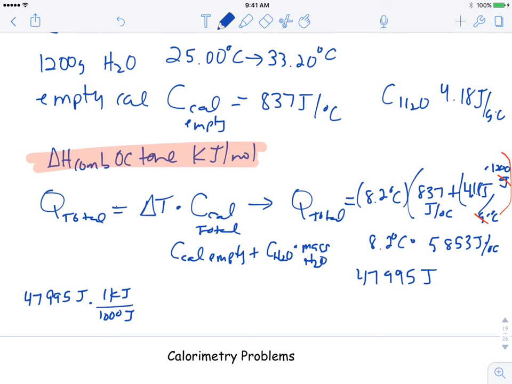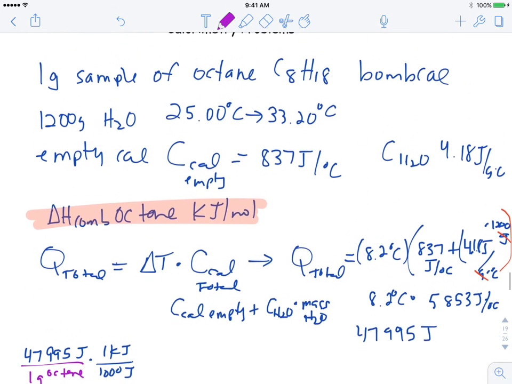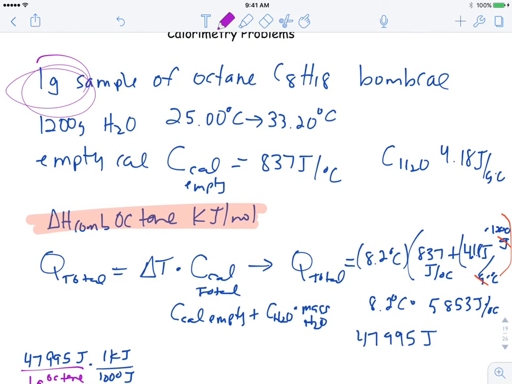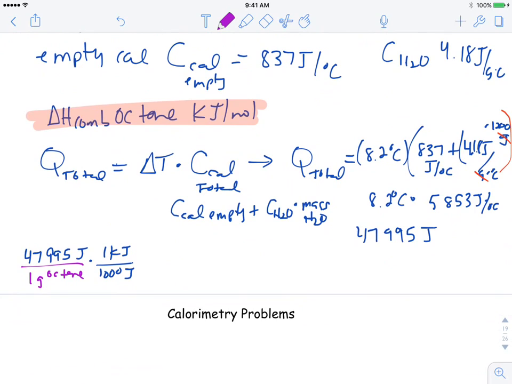This was really per 1 gram of octane, because they told me, if we scroll up a second, 1 gram sample of octane. But they want it per mole, so times, for octane, that's 12 times 8 plus 18, I think it's 114, yep, 114 grams for every 1 mole.